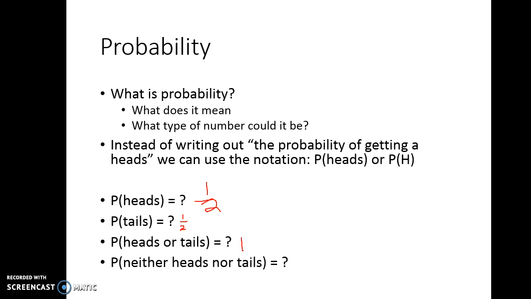The probability of getting neither a head or a tails, again ignoring the chance that it might land on its side, would be 0 out of 2, because there's only two things that you could get, and both of them would be a head or a tail. So none of the options are to get neither a head or a tails. I guess we could have also written the one up here as 2 out of 2, because basically you're saying there's two ways to get a yes, out of 2 total ways that you could get a coin answer.